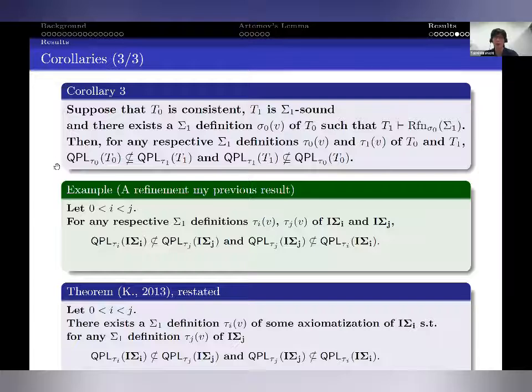From this corollary, I obtained a refinement of my previous result here.